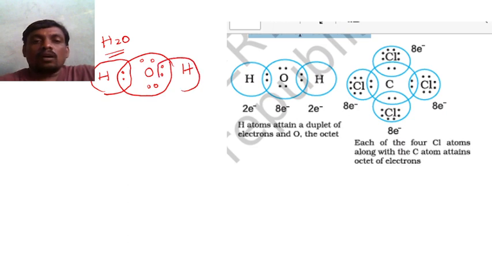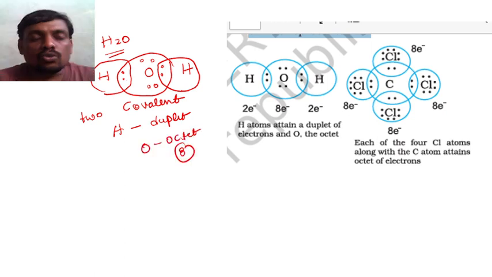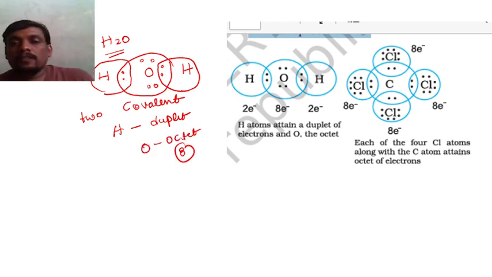Sharing of these valence electrons present on the outer shells helps form a specific bond called a covalent bond. Here the hydrogen atom attains a duplet of electrons. Duplet means two electrons are attained, and oxygen contains an octet. Octet means 8 electrons. Here 6 are there, here 2 are there, total 8 electrons are there.